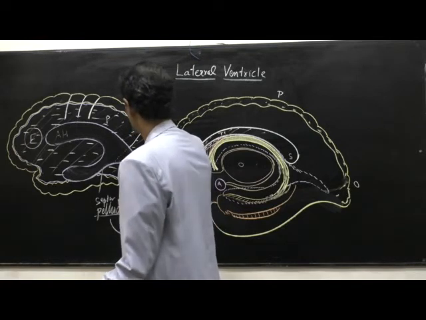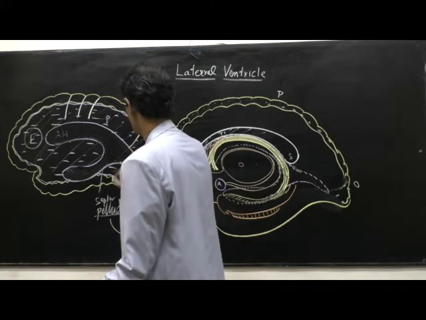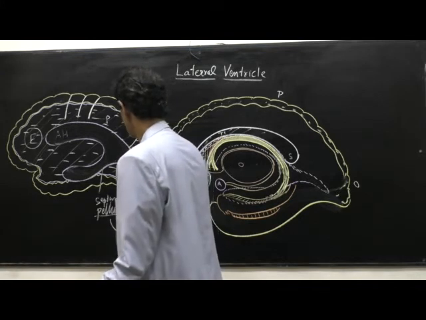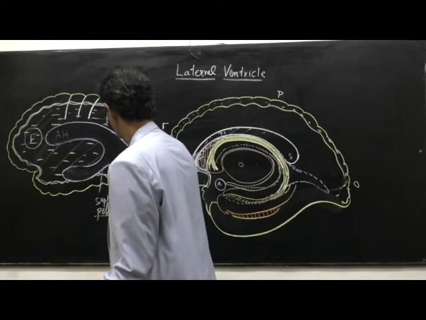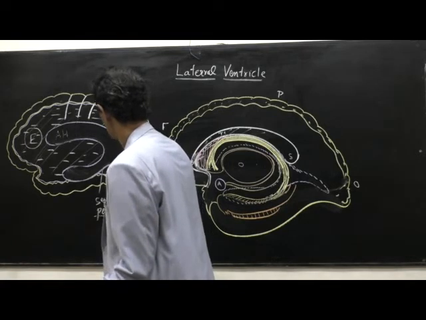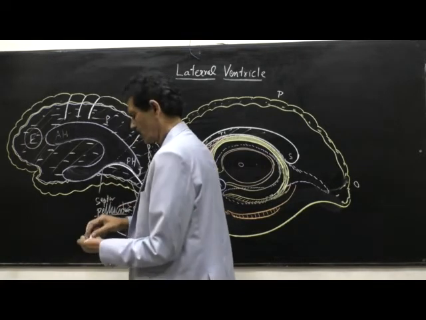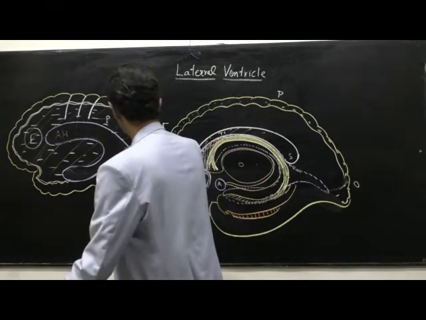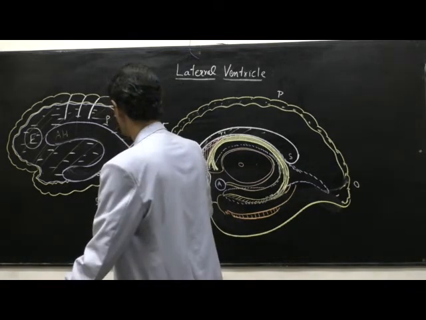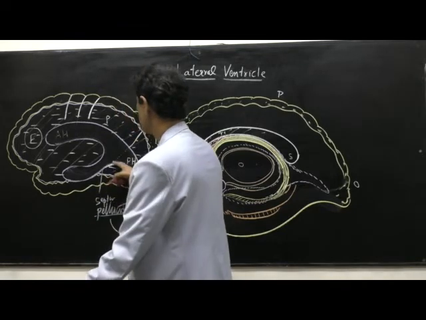This is the parieto-occipital sulcus. This is the calcarine sulcus. So this part of the lateral ventricle which has come into the occipital lobe is called the posterior horn.